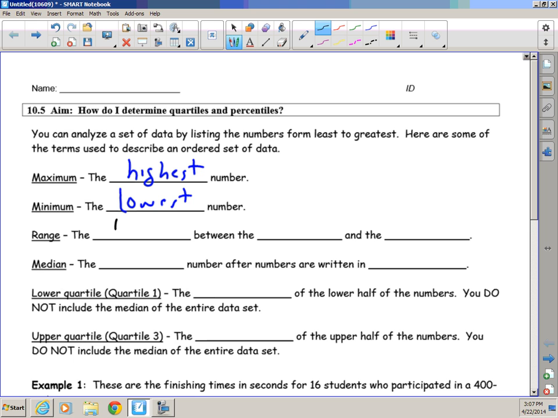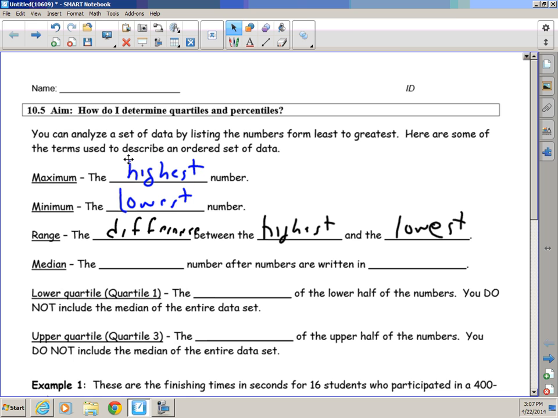The range is the difference between the highest and lowest. Okay? And the median is the middle number after the numbers are written in ascending order. So all of this we've already dealt with.